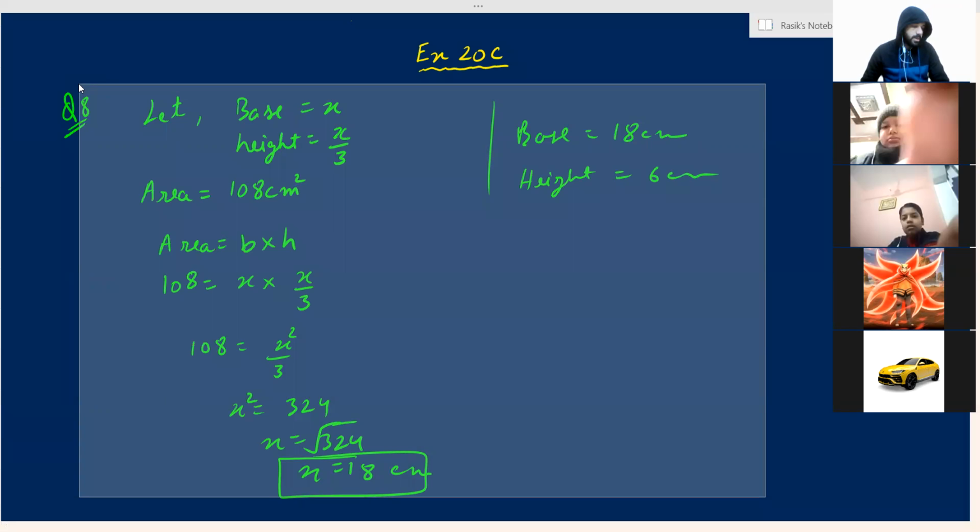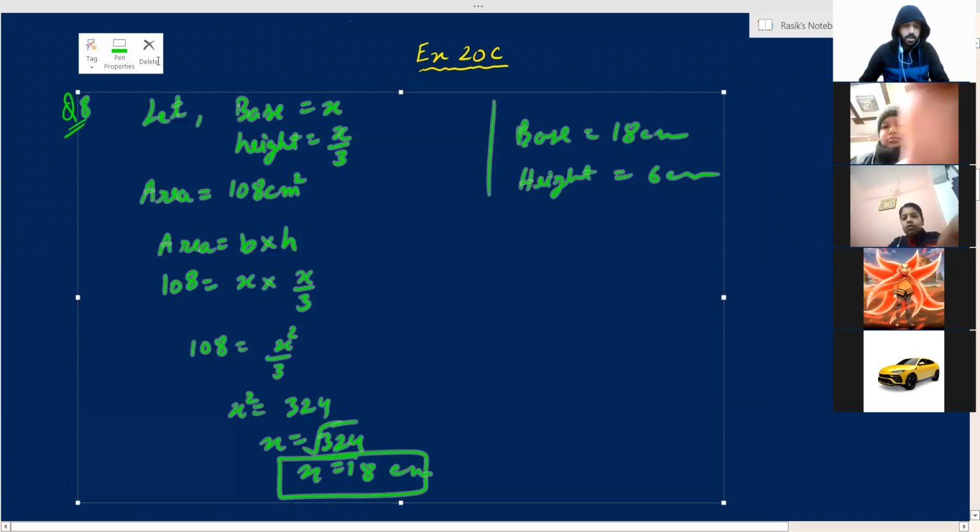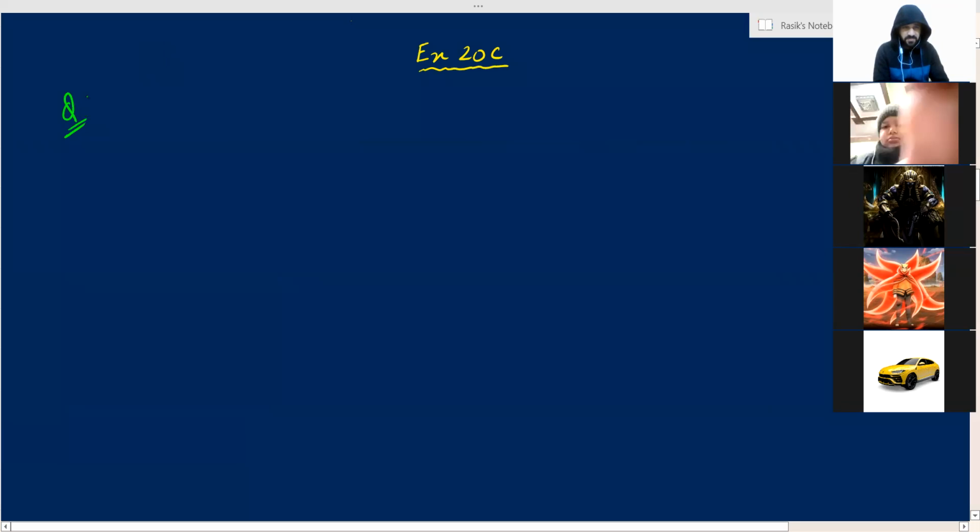Okay, question number 9. The base of a parallelogram is twice its height. Base is twice the height, so we will take the base as 2x and the height as x. Let the height of the parallelogram be x, therefore the base will be 2x.